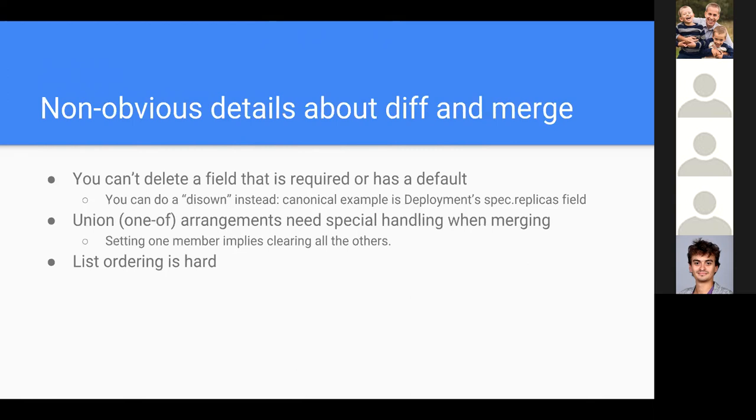It fundamentally doesn't have a delete operation. So there is this concept that everybody who's dug into this space has come up with, of disowning versus deletion, where disown means you're no longer asserting a value. You don't have an opinion about the field anymore, and delete means you have a positive desire for this value to go away.